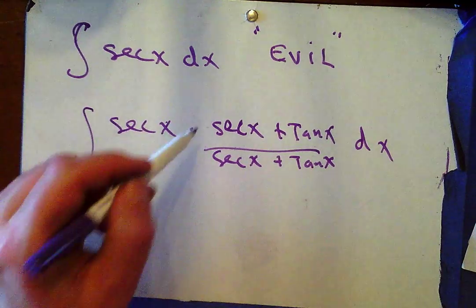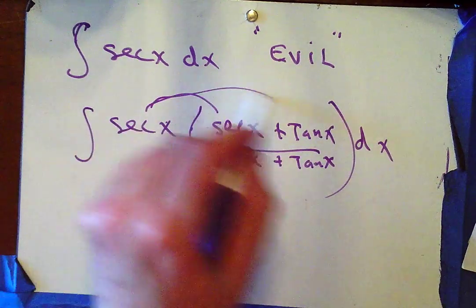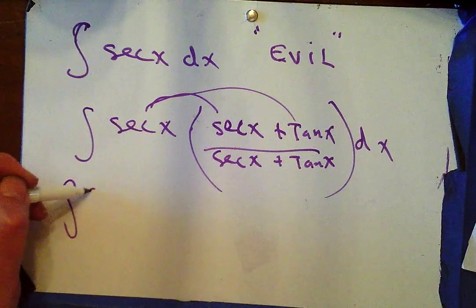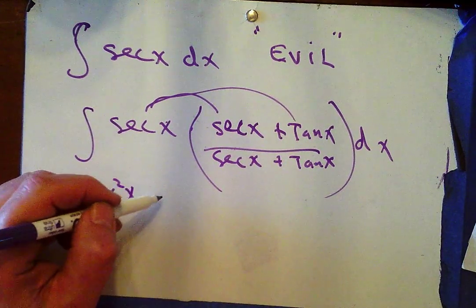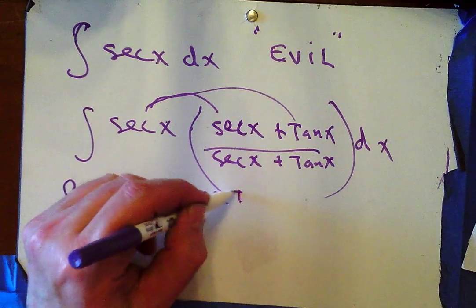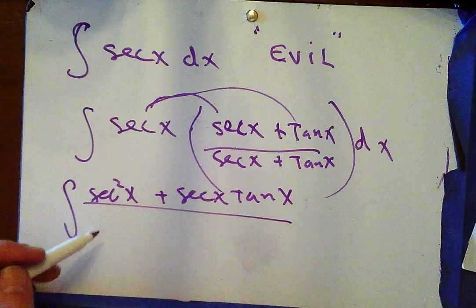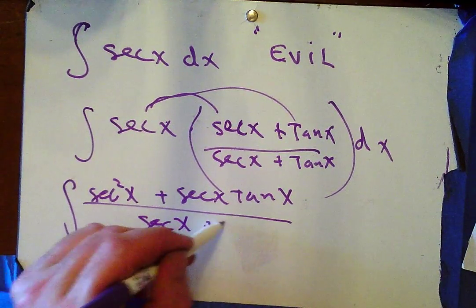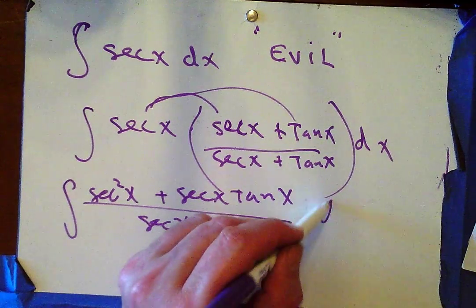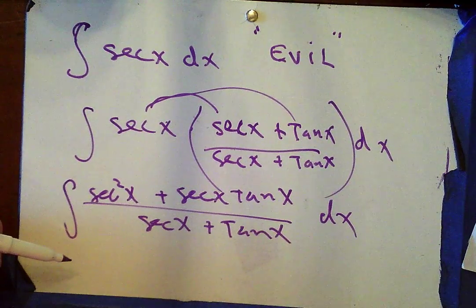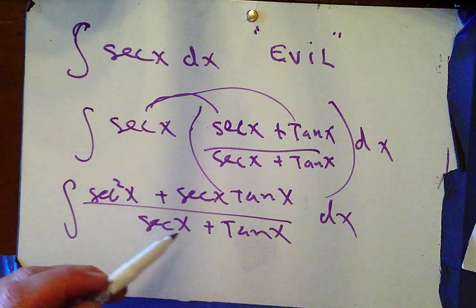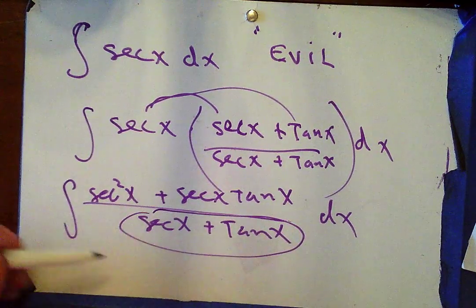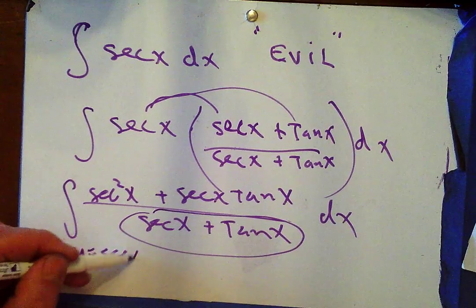I think this is going to work. And I distribute. So I'm getting the integral of secant squared x plus secant x tangent x all over secant x plus tangent x dx. So let's make this our u.